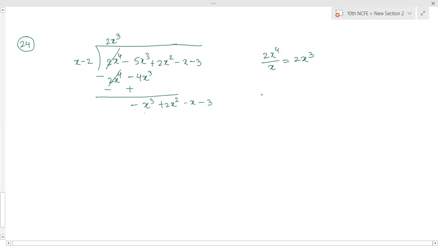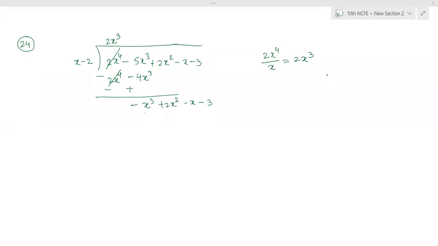So now what is the quotient? Aditya, what is the quotient now further? Madhushri, can you tell the quotient?